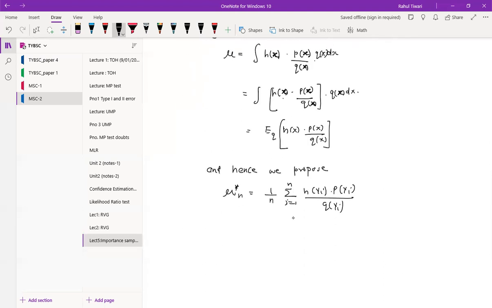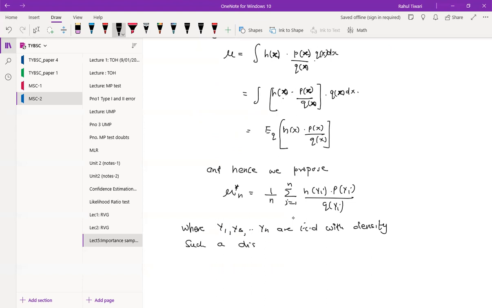Here you may have y1, y2, and so on up to yn, which are IID with density q.